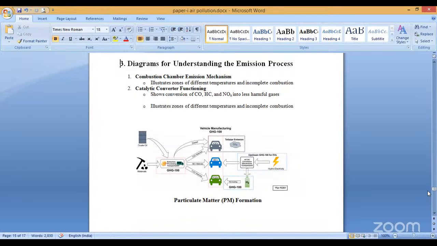Once you charge this for 1 hour, it can give 120 kilometers of mileage, and it also releases hydrogen compounds freely to the atmosphere to cool the atmosphere. These are about the particulate matter formations.